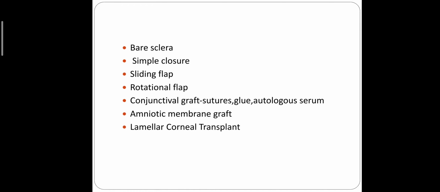Though sutures are a cheaper technique, they used to lead to a lot of suture-related problems like suture irritation or suture granuloma. Imagine having sutures in the eye: you'll have a lot of irritation, granuloma, and delayed post-op recovery. Whereas glue, though costly, had very few postoperative side effects.